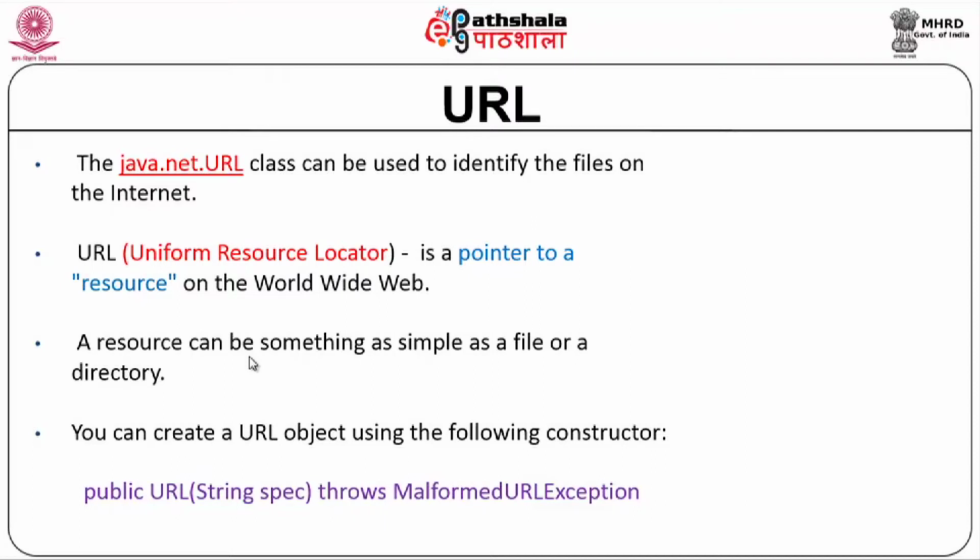This resource can be something like a file or a directory, and you can create a URL object using a class constructor call. This is one of the constructors supported in the URL class. So, we have a class called URL within this net package, which gives a provision for creating a URL object. Use URL and then specify the URL as a string, and you will get a URL object.